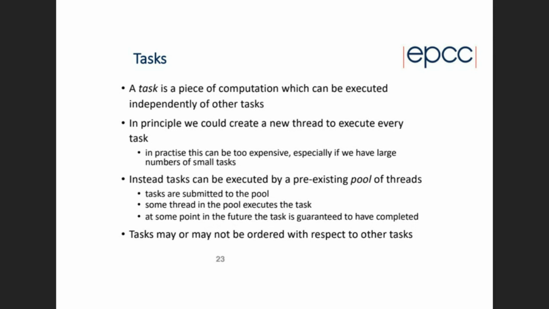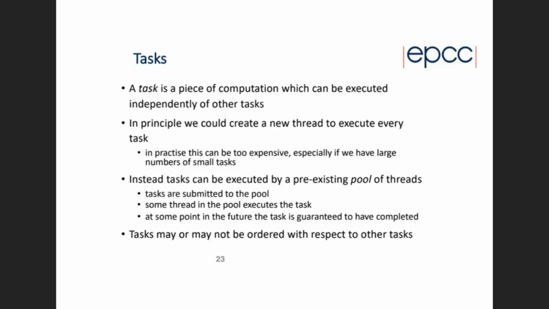We can also think about having ordering between tasks. So tasks may or may not be ordered with respect to other tasks. There may be ways to specify that task 2 cannot execute until task 1 has finished, or ideas similar to that.